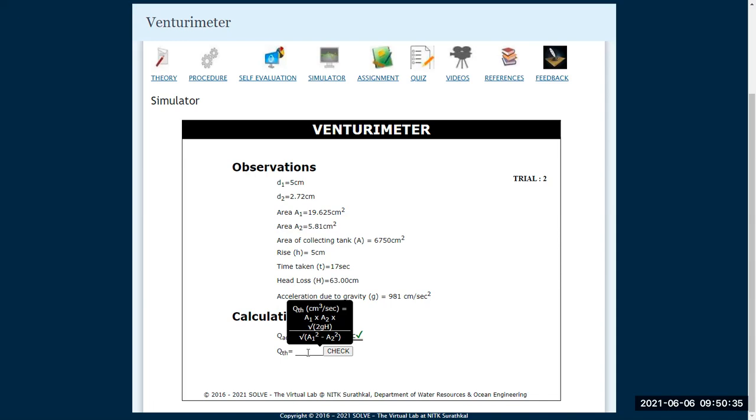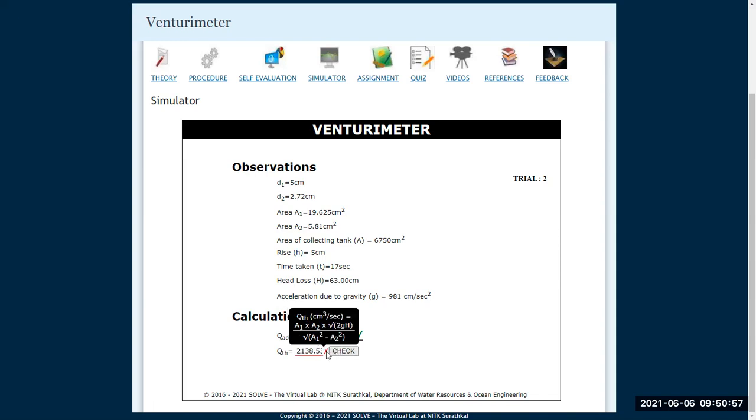A1 square is 19.625 square minus 5.81 square. So you will get the answer around 2138.5.